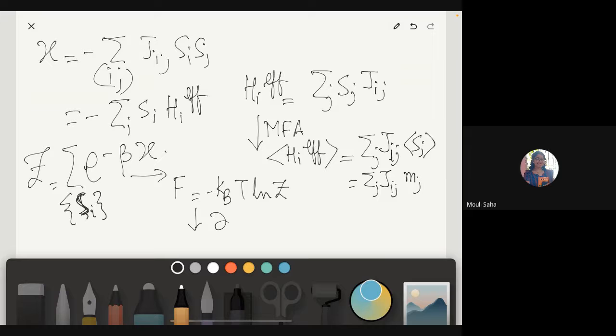Well, if I want to have the magnetization, I better put in a magnetic field to find the derivative of the free energy with respect to the magnetic field, so that I have the magnetization at the end of the day. But the program is well known, what you have to do. But the question is, can I solve this model exactly? Can I find this partition function exactly, given that there is a randomness in the system?